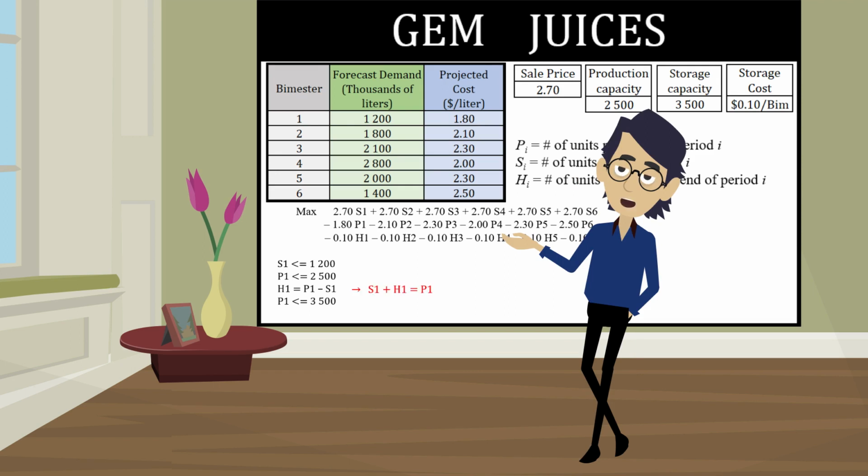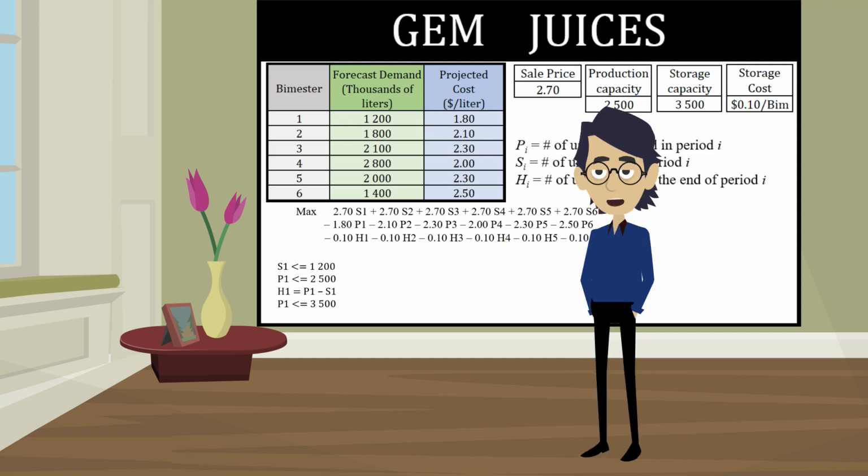Note that this constraint ensures that the number of units sold is less than or equal to the number of units produced. This is because S1 plus H1 is equal to P1, and H1 is greater than or equal to 0. The fourth constraint refers to storage capacity. The number of pieces that can be placed in inventory does not exceed 3,500 units.